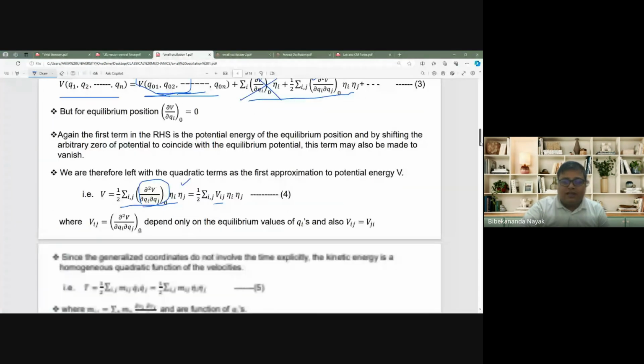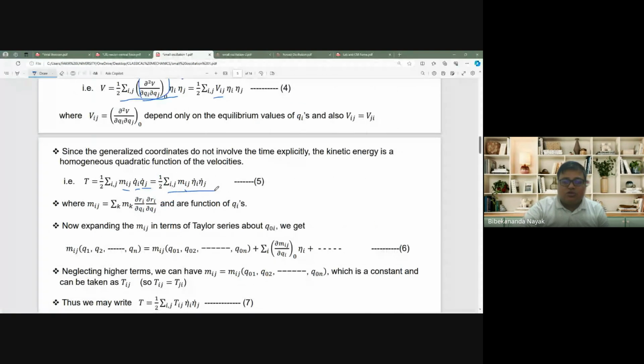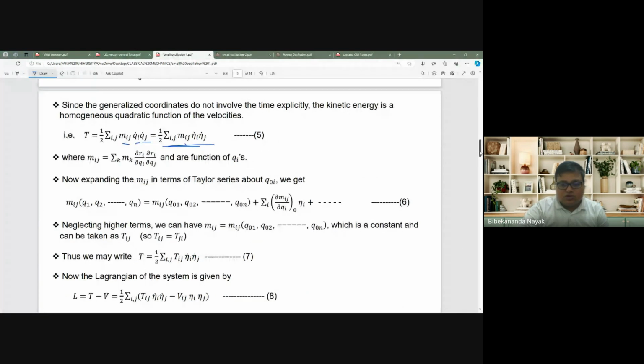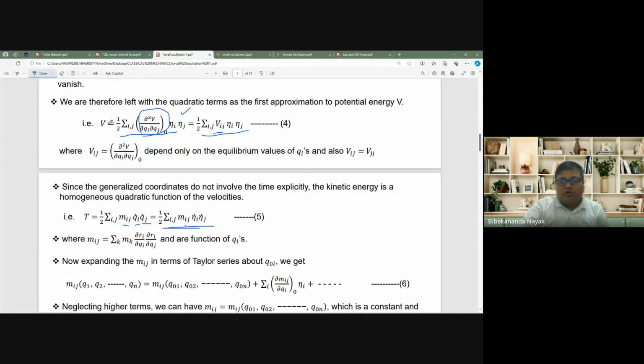So kinetic energy can be written like this also. The potential energy is the same, half V_ij, and here half M_ij, or for generalization, we can call it T_ij. Like V_ij here, here T, so we will call it T_ij.